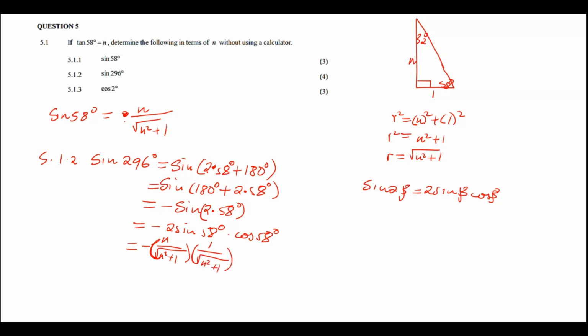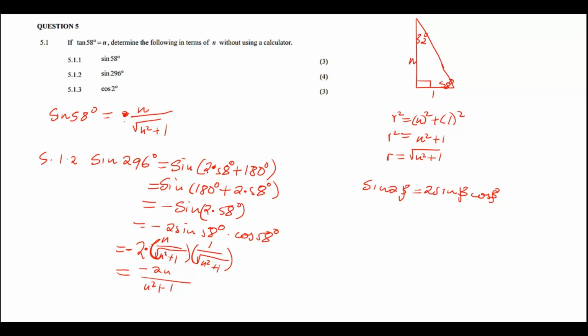But remember, we have a 2 here, so I'll bring in that 2. We have a 2 here, so this can be written as negative 2 multiplied by this that we have here. Thereafter, this will just be negative 2n divided by n squared plus 1. That's it. That's the answer to that particular problem.